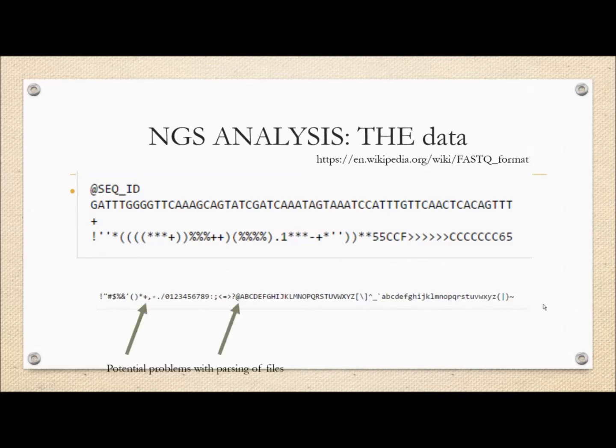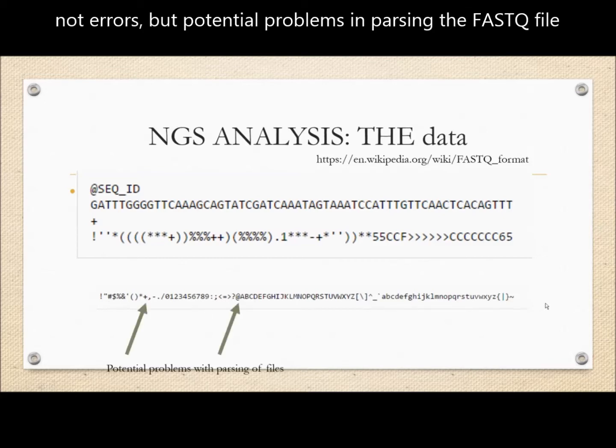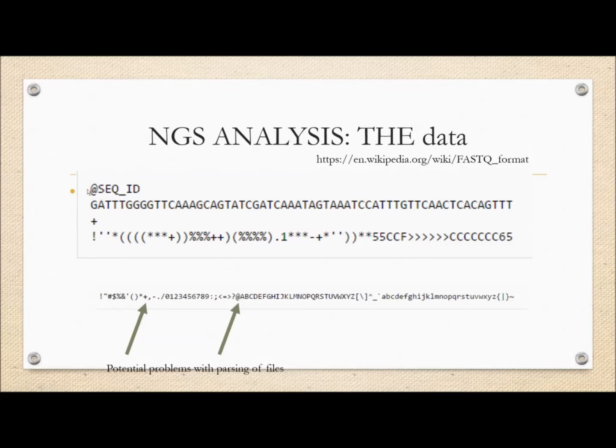Now, I wanted to point out that there are two particular errors. Let's say, for example, you were writing a computer program to parse this information. Notice that the at sign denotes the beginning of a sequence. The at sign also denotes some sort of confidence score. Between the sequence of the read and the confidence scores, you have a plus sign, and the plus sign gives you a pretty high confidence score.